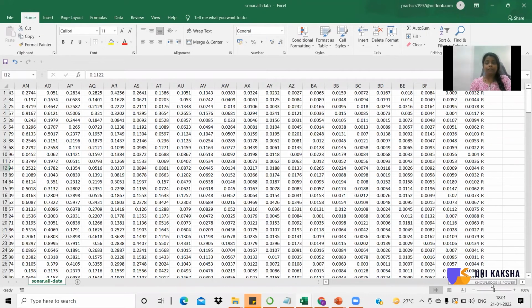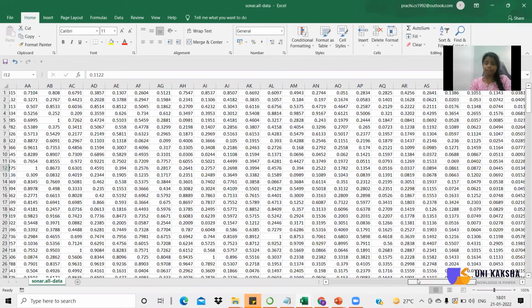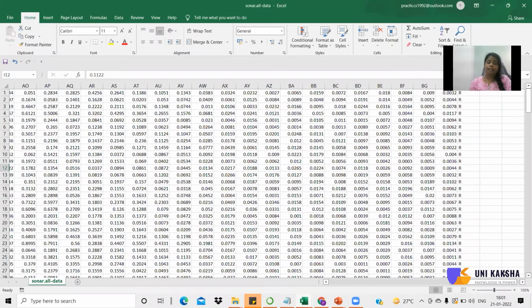So here is the data collected from sonar frequencies. Based on past data and past research, they have identified a final class of whether the finding was a rock or a mine.